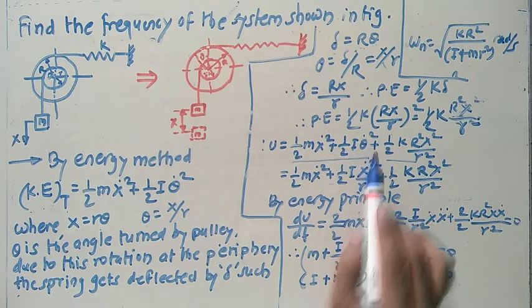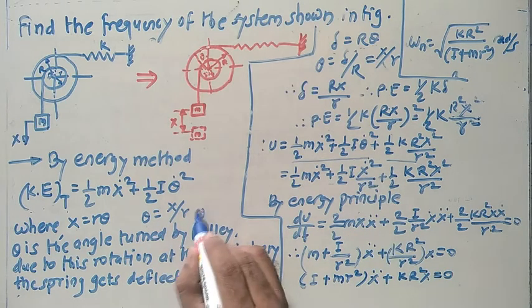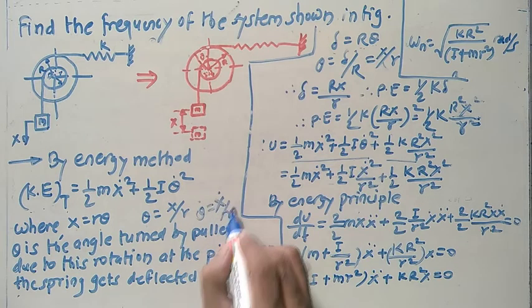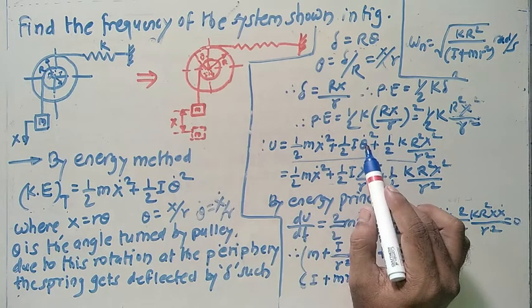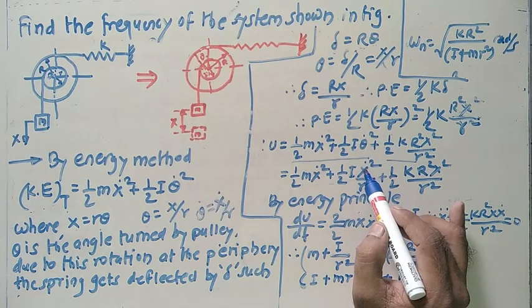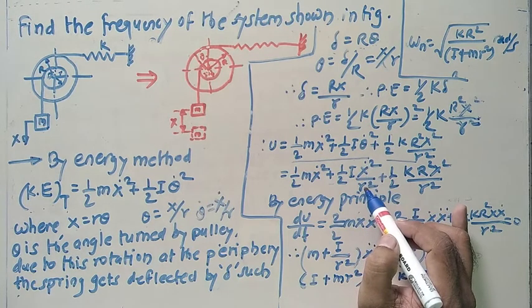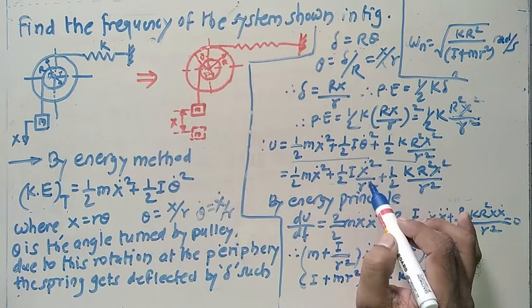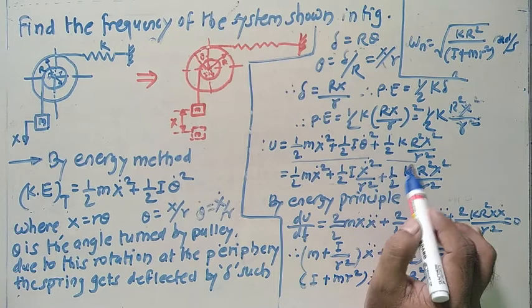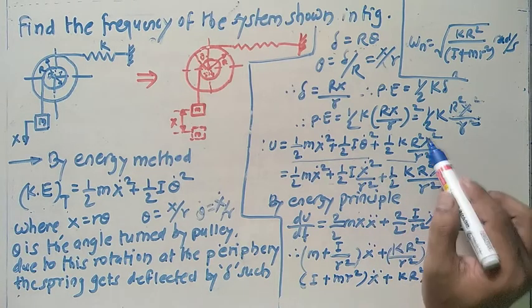Angular velocity is nothing but the derivative of this term. So we get theta dot is nothing but x dot divided by r. So you have to replace this theta dot by x dot by r. Square of this one also comes here. So in the next step write this term as it is.